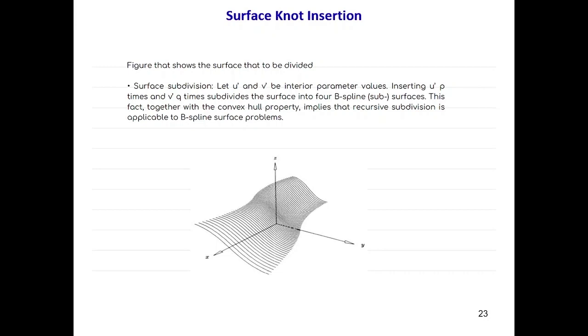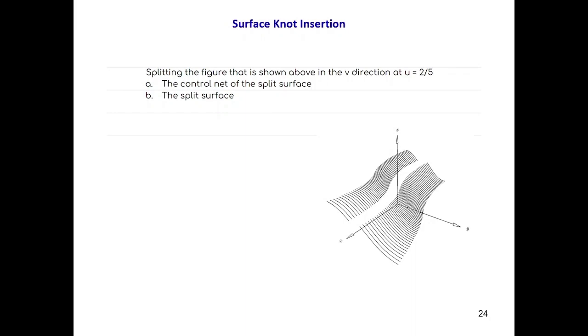In the next slide, we can see the figure, which is shown split in the V direction at U 2/5. We show the control net of the split surface and the split surface.